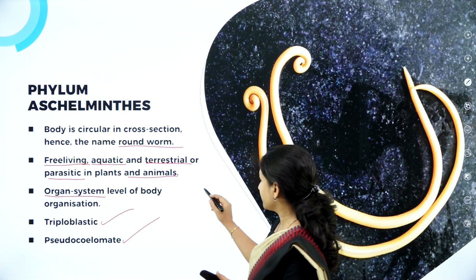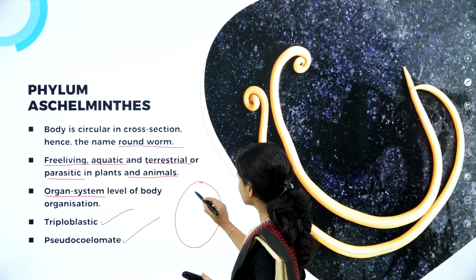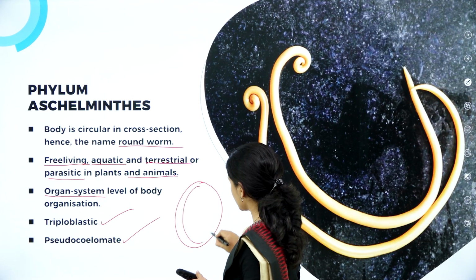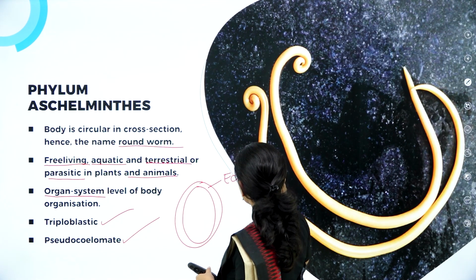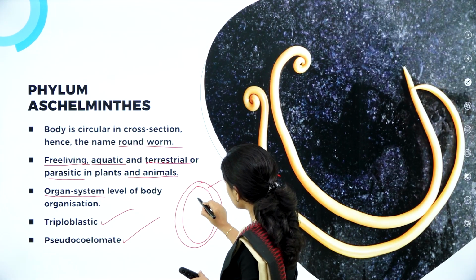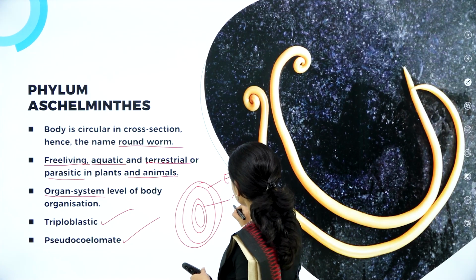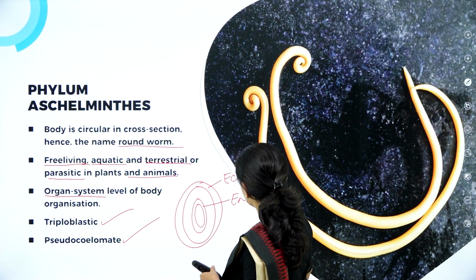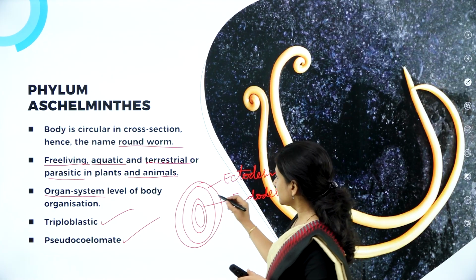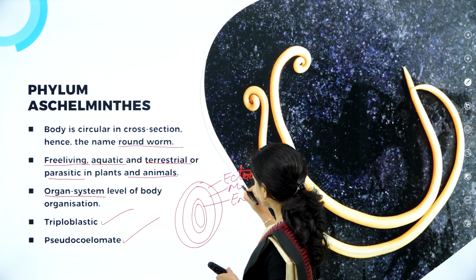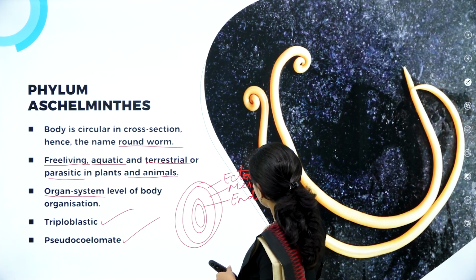So pseudocoelomate means they have an external layer of cell arrangement, which is nothing but ectoderm, and they have an internal layer of cell arrangement, which is endoderm. In between the ectoderm and endoderm, there is a middle layer, that is mesoderm, the middle layer of cell arrangement.